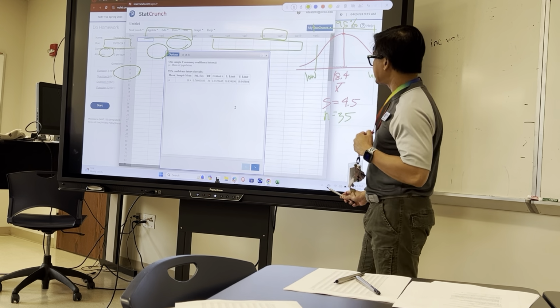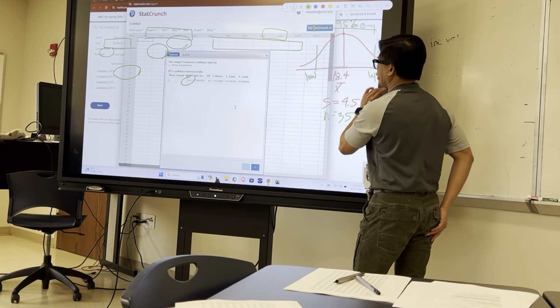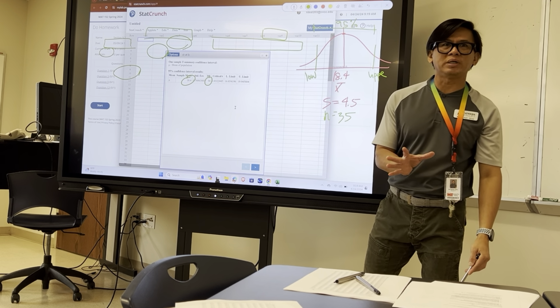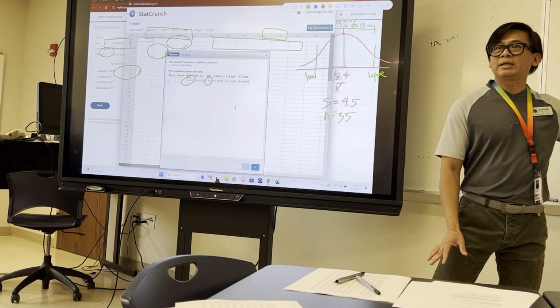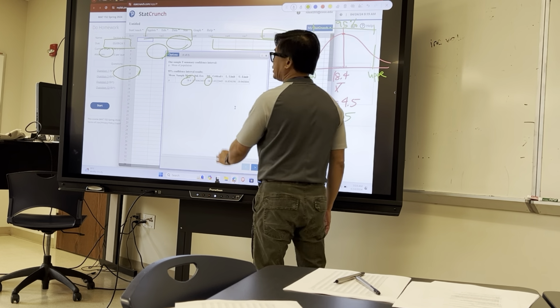So with that being said, what does it mean? The sample mean is already given to be 18.4. The degrees of freedom, we say the degrees of freedom is what? One less than the sample size, right? So as you may notice here, the degrees of freedom is 34.